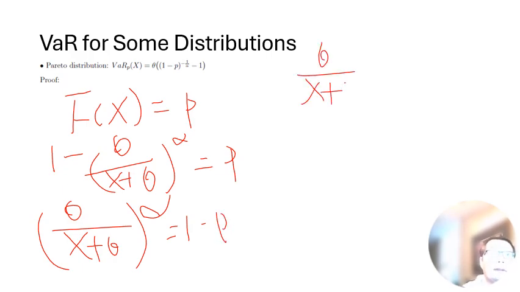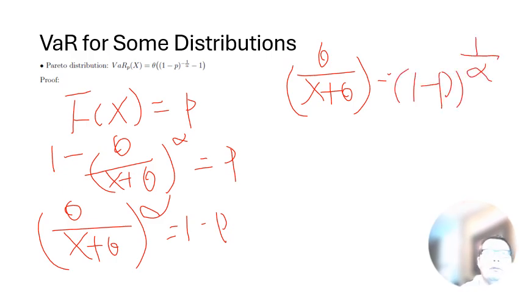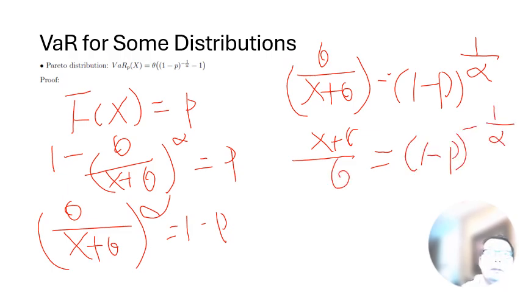Theta over x plus theta will be equal to 1 minus p to the power 1 over alpha. So x plus theta will be theta times 1 minus p to the power negative 1 over alpha, and x will be that minus theta.